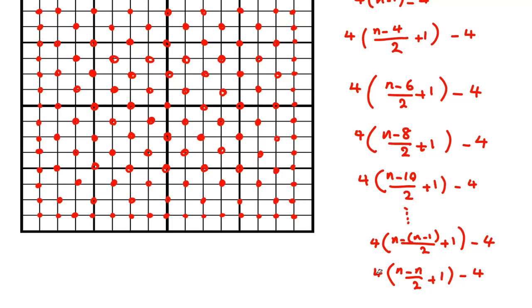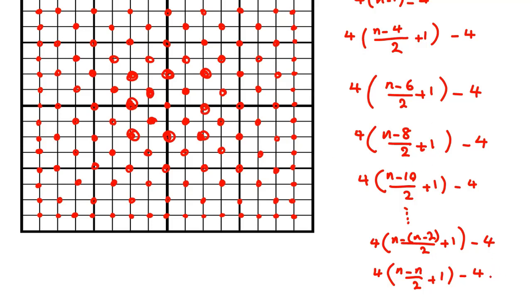Let's consider the even number n minus 2. So it will be 1 plus 1, 2, 2 times 4, 8. 8 minus 4 is 4. Okay, so it is 4. As you can see, this one, 1, 2, 3, 4, 5, 6, 7, 8. It is 8, and so on.